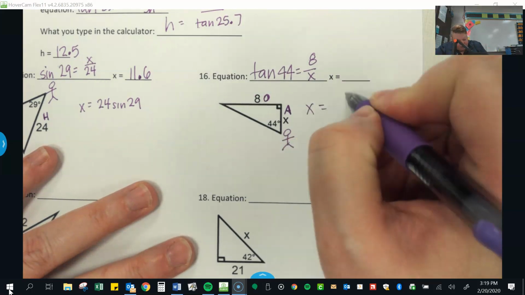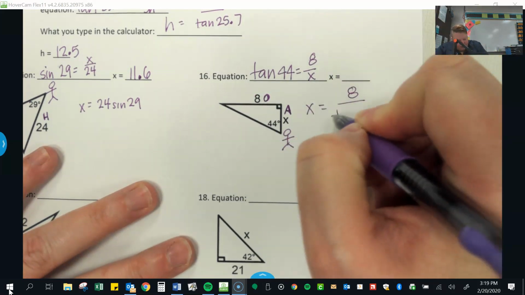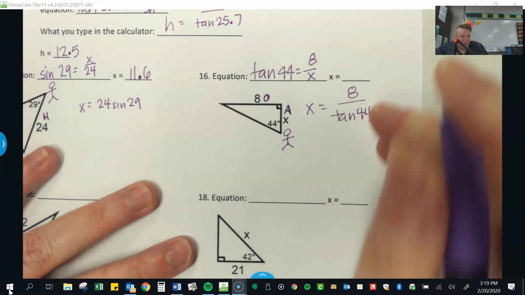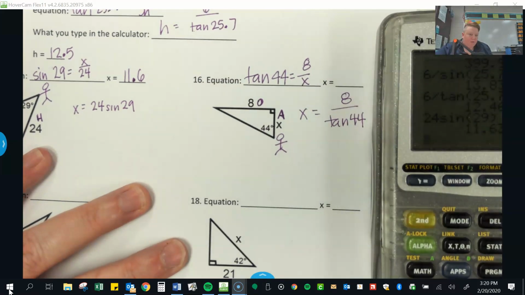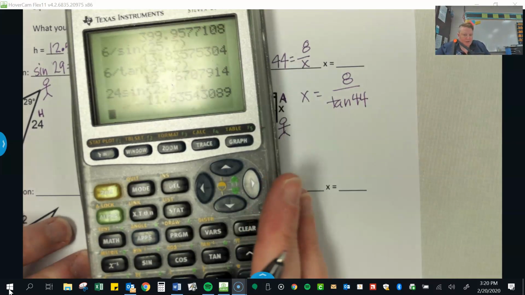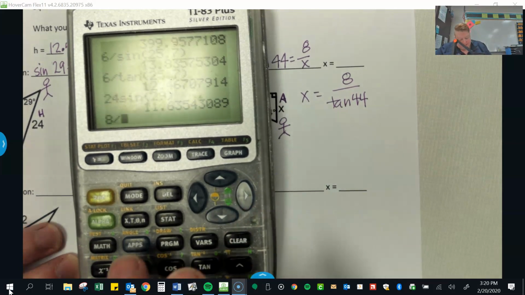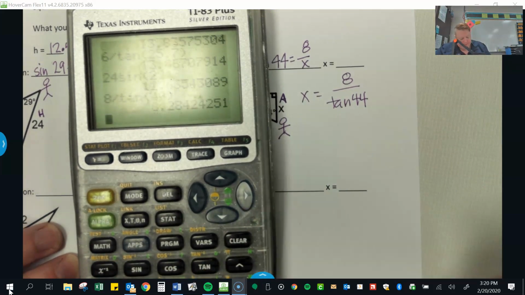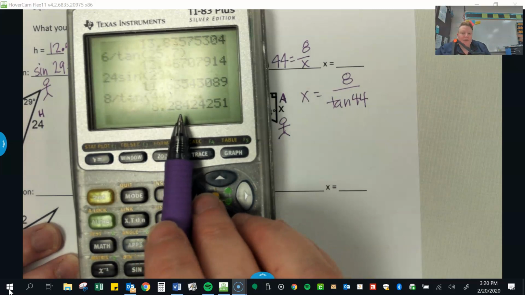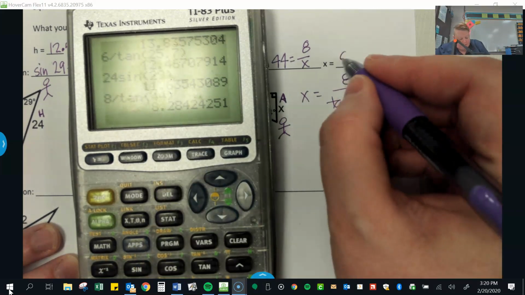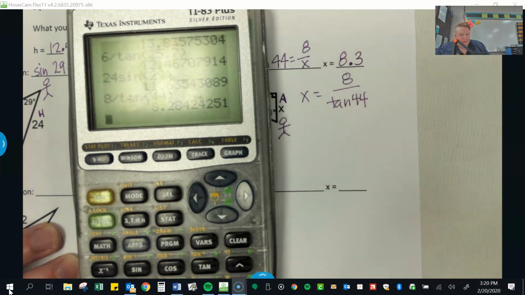So I'm going to say x is equal to 8 divided by tangent 44. Let's throw that in the calculator, see what we get. 8 divided by tan 44. I get 8.28. That 8 turns that 2 into a 3.